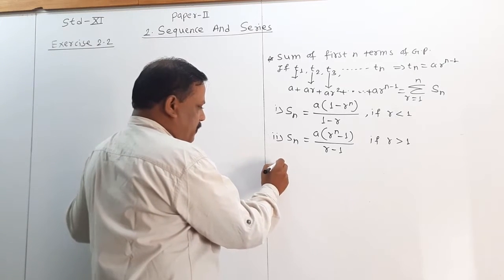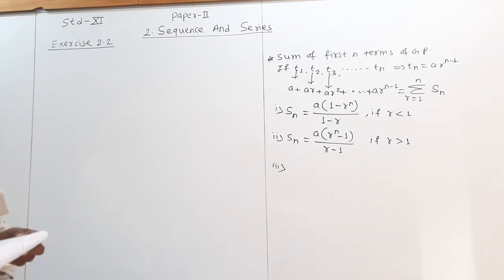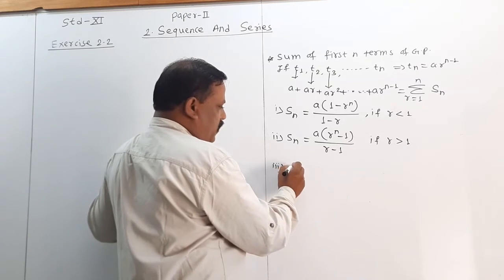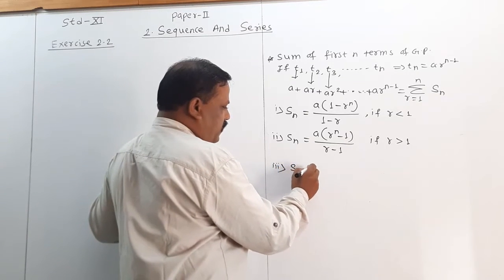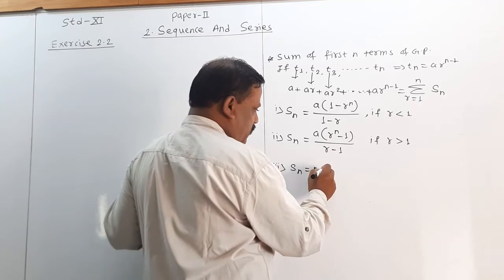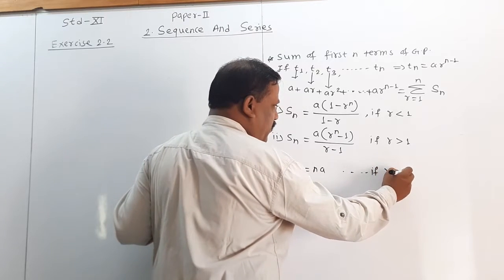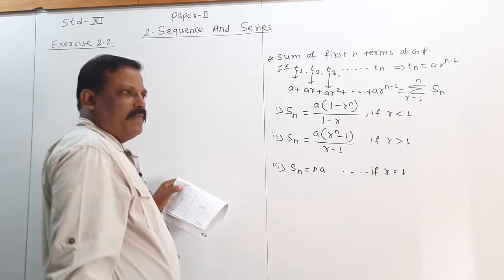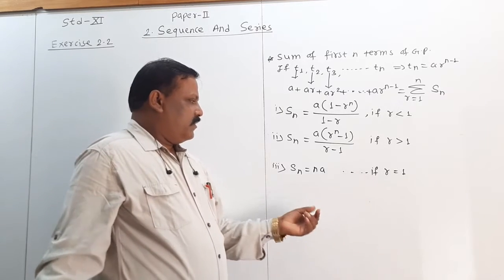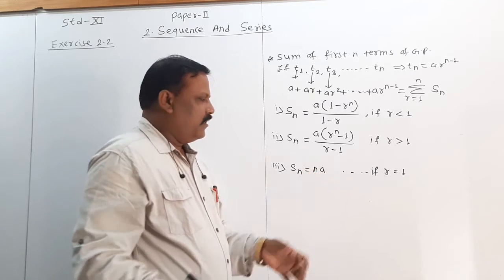Number 3. Sn equal to n multiplied by A, if R is exactly equal to 1. If R is equal to 1, then the summation is n multiplied by A. A is the first term.